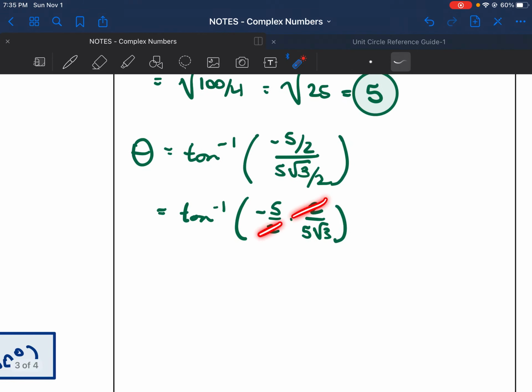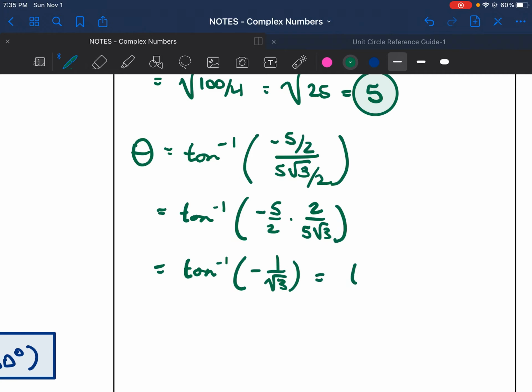Notice that the 2's will cancel, the 5's will reduce to 1's, so this is really the inverse tangent of negative 1 over root 3, which, multiplying both the top and the bottom by square root of 3, because we don't like the square root there, is going to be the inverse tangent of negative square root of 3 over 3.